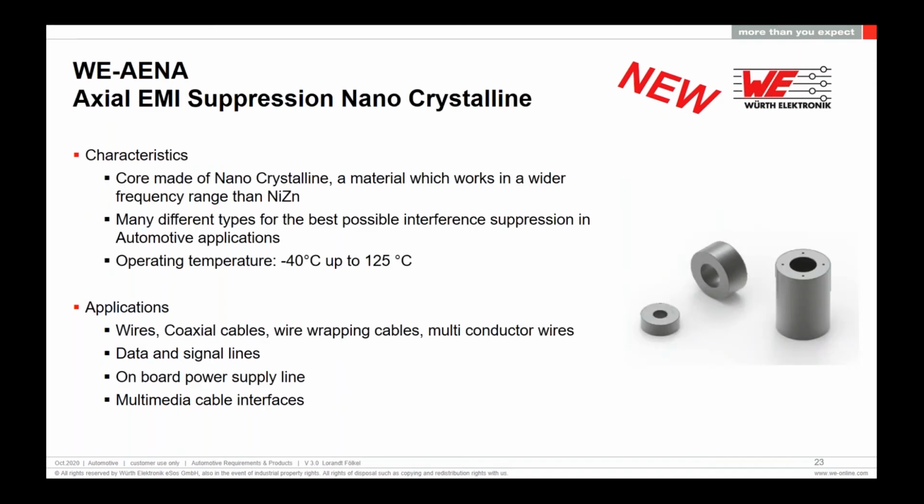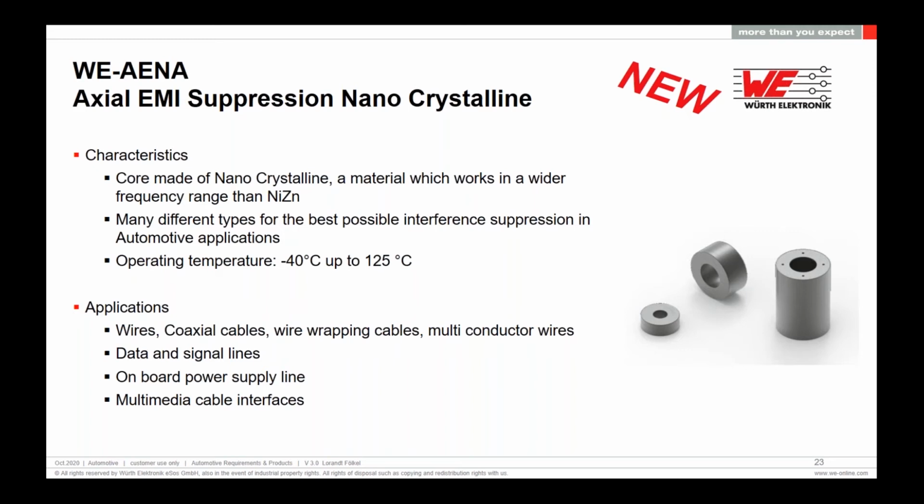You can ask for the nanocrystalline core. The nanocrystalline core has a permeability up to 100,000. In comparison, manganese zinc is 6,500 and nickel zinc is maximum 1,500. You can see the nanocrystalline core has extremely high permeability.